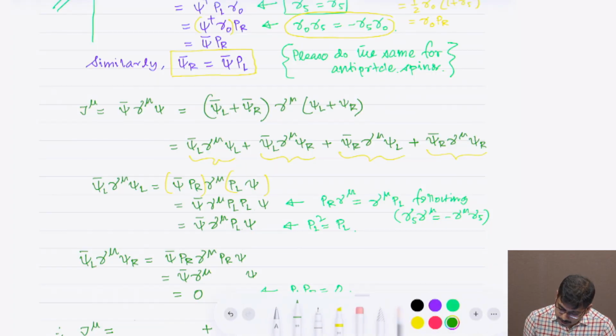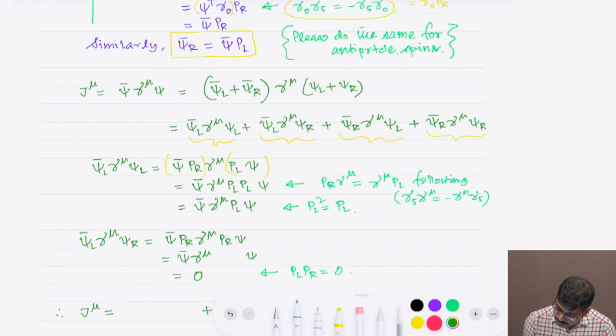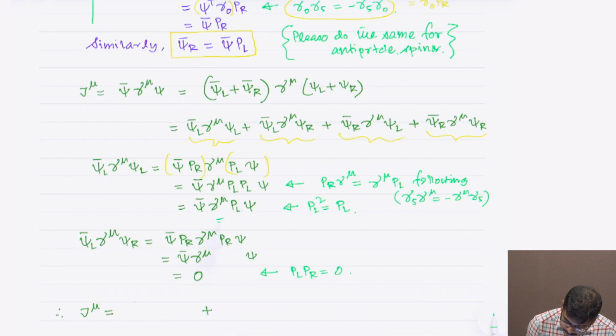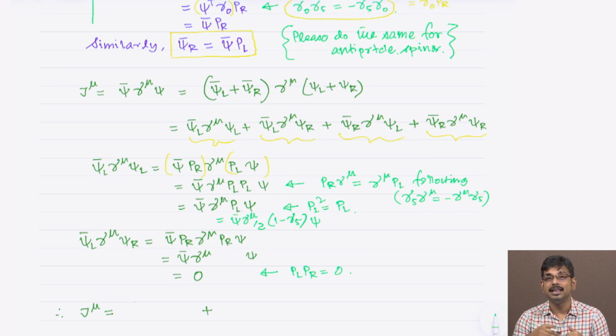If you just expand this term a little, it looks interesting: this is psi bar gamma mu by 2 into (1 minus gamma 5) psi, right. So look into this current: it not only has a psi bar gamma mu psi kind of term, but it also has a psi bar gamma mu gamma 5 psi kind of term, right.